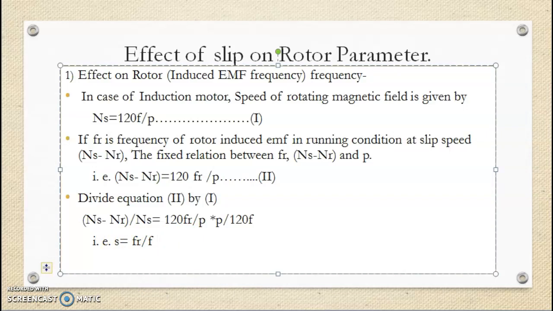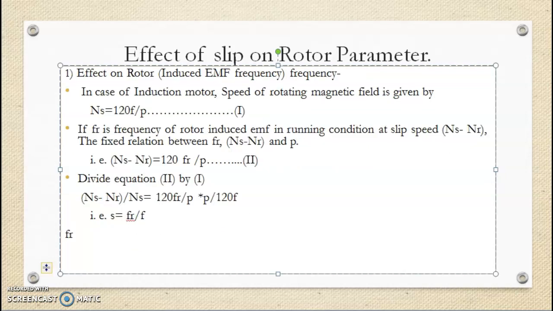So the rotor frequency Fr is equal to slip times supply frequency. So when the motor starts running, slip affects the rotor frequency. As rotor frequency changes, the other parameters also change.